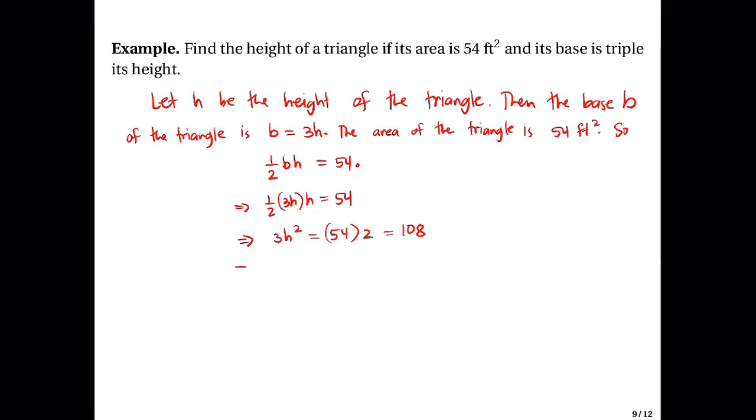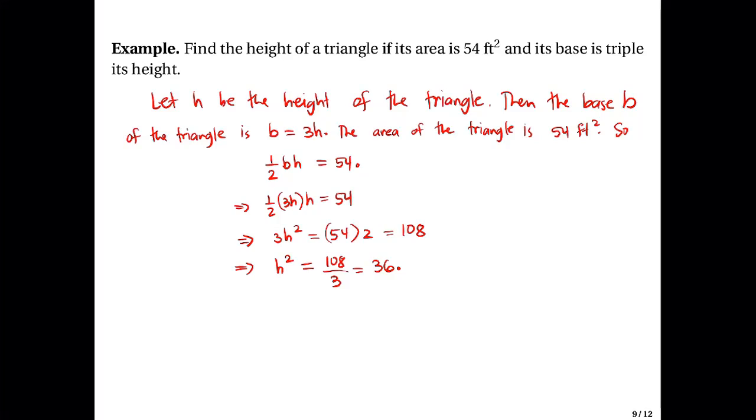And therefore, we will get this equation: h squared is equal to 108 over 3, or this is equal to 36. Now, what we actually have here is an equation of degree 2. And we call them quadratic equations.